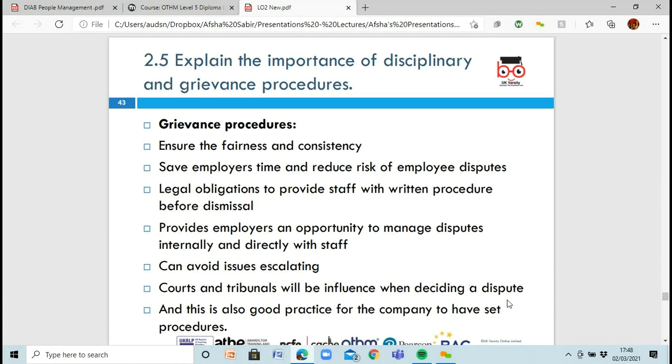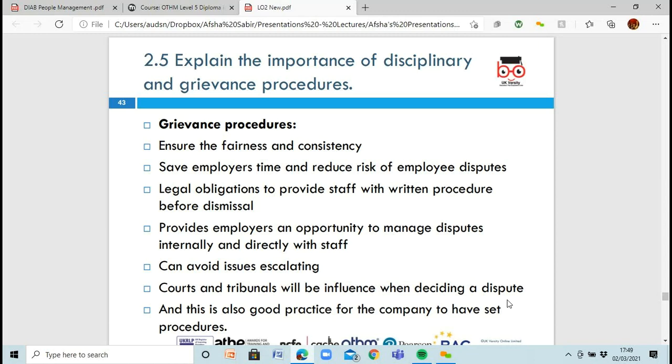It really helps employers have these in place, so they can try and manage the disputes internally or directly with staff. It can help to stop issues escalating. When the time comes, courts and tribunals will need to step in, and they'll have to be influenced when they're making a decision about a dispute.